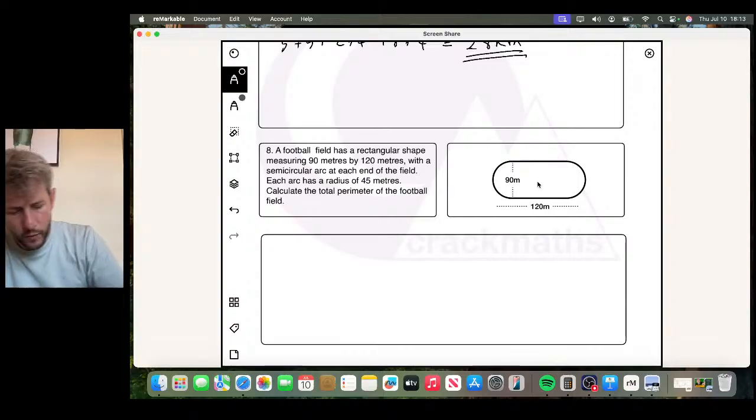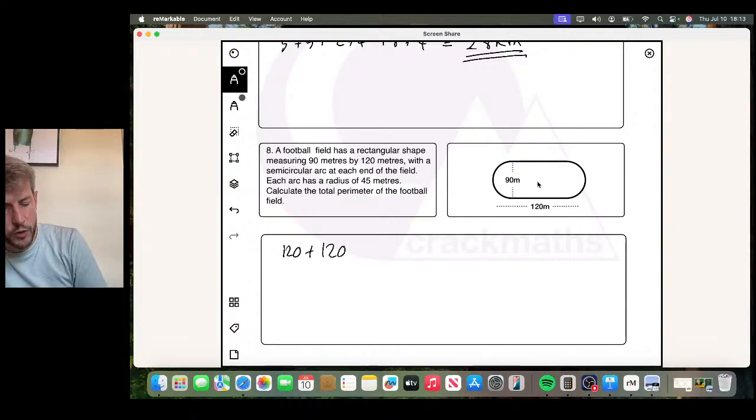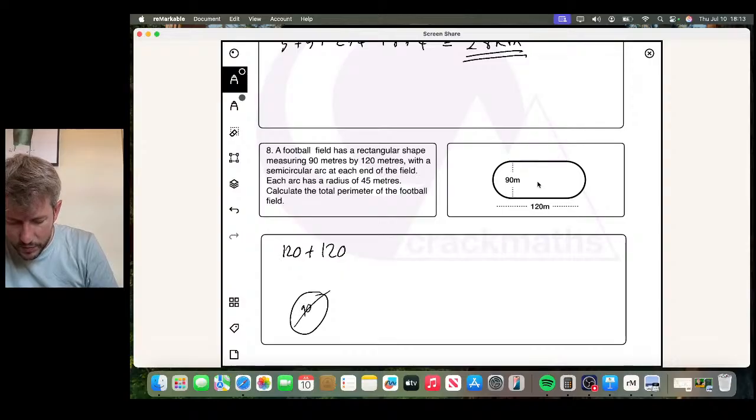So we're going to have 120, add 120, and then we've got 2 semicircles this time. Together they make a whole circle. The diameter of this whole circle would be 90.